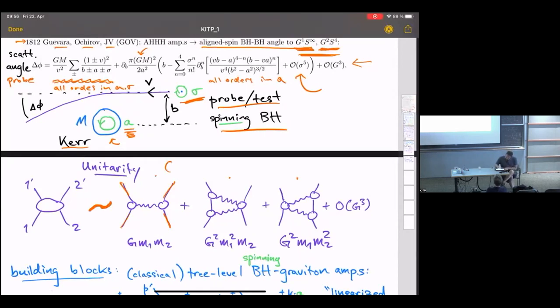These are actually not Feynman diagrams, they're unitarity cuts.